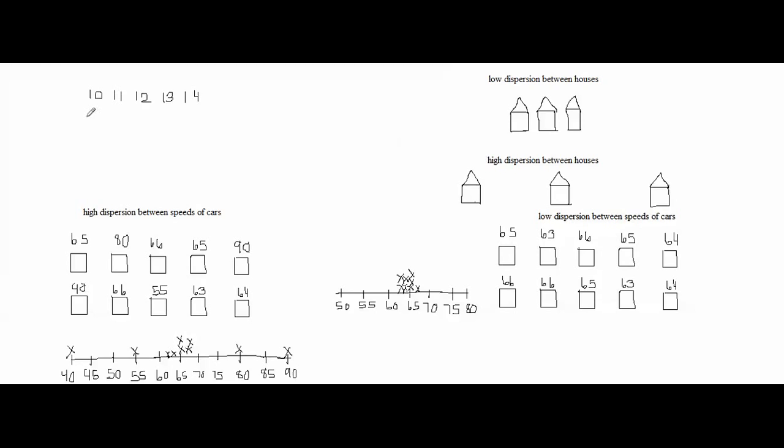First let's talk about how the gaps between each of these numbers is a gap of 1, because these two numbers are 1 apart, these two numbers are 1 apart, and all of the numbers are 1 apart.